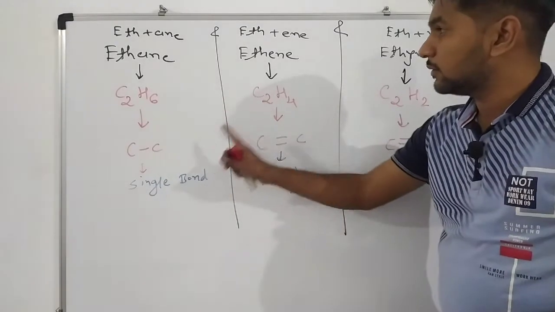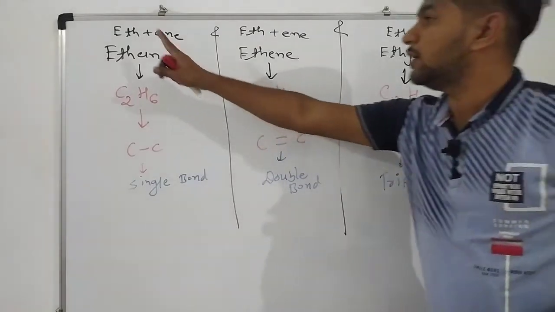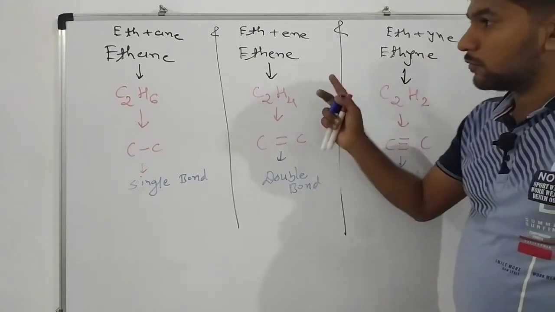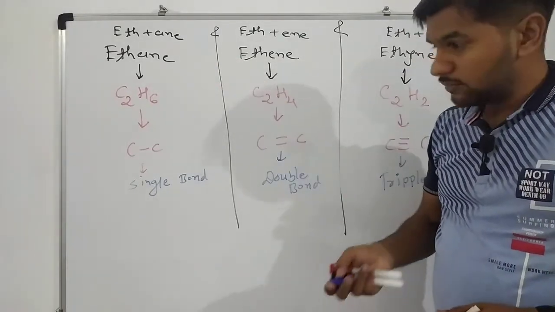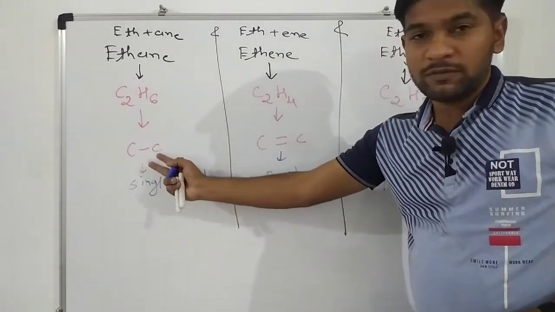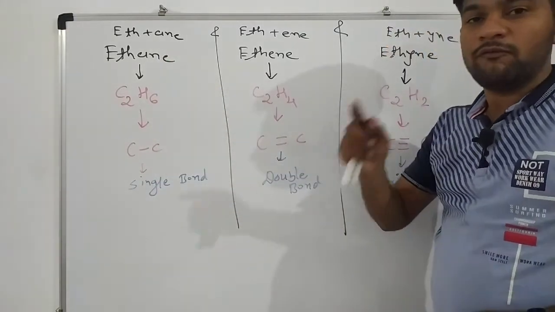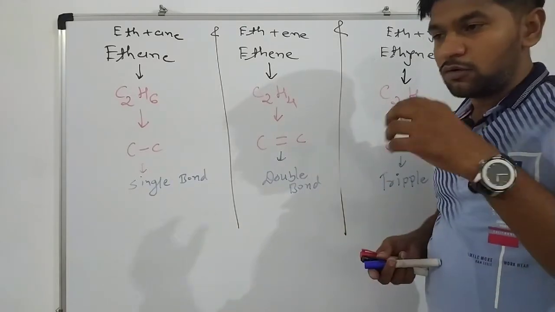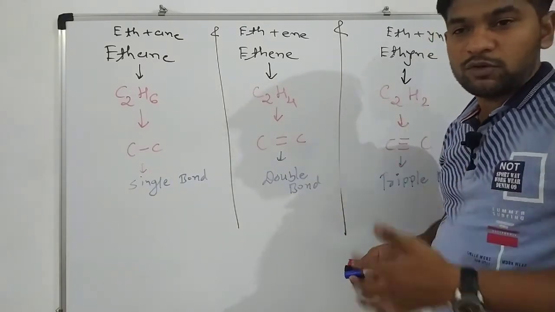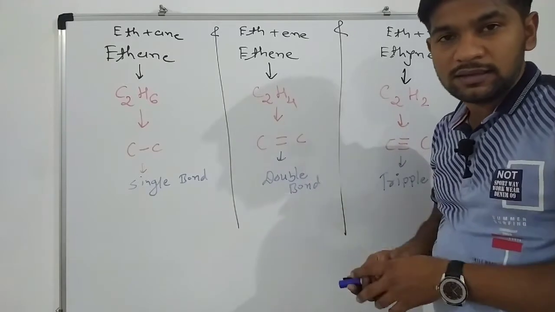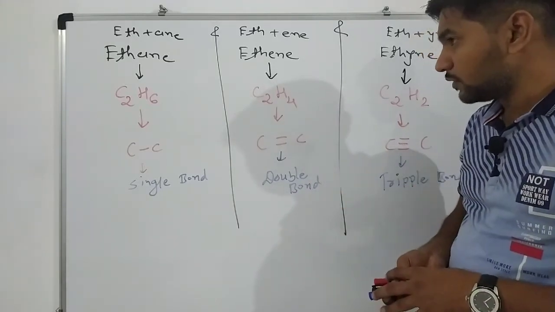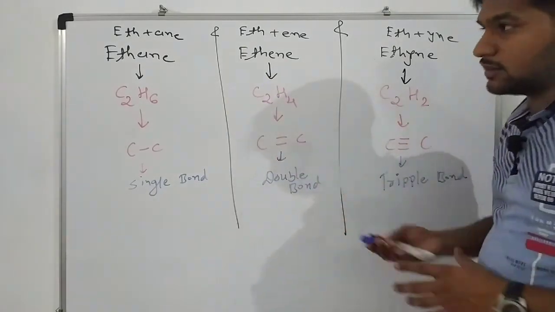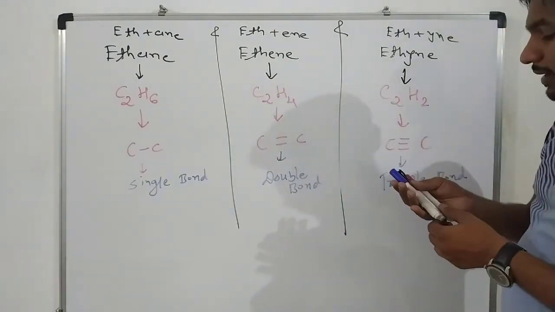Ethane, ethene, ethyne: eth plus ane, eth plus ene, eth plus ine. Why do we write eth here? Because for 2 carbons we use eth, for 1 carbon we use meth. Okay, so eth, meth, prop, but, we will learn in the next lecture. So here is the simple revision of ethane, ethene and ethyne.